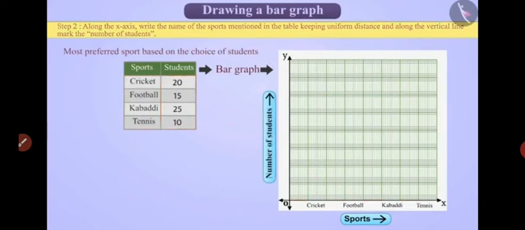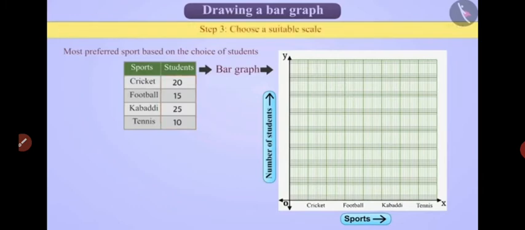Step 3. Next, we will choose a suitable scale along the vertical line. Here, 1 unit length represents 5 students. Therefore, we will choose the scale as 1 unit length is equal to 5 students.